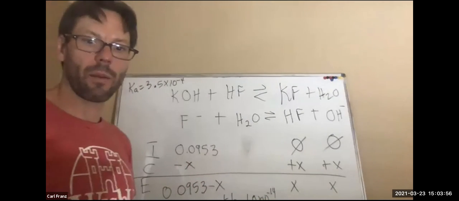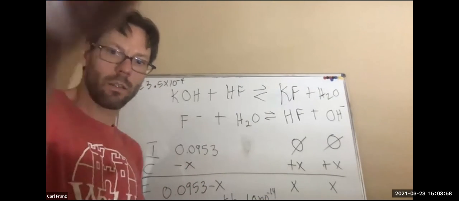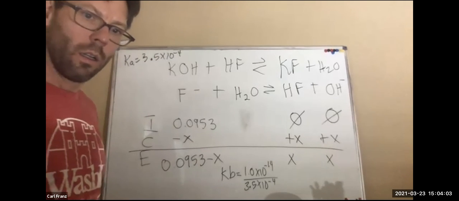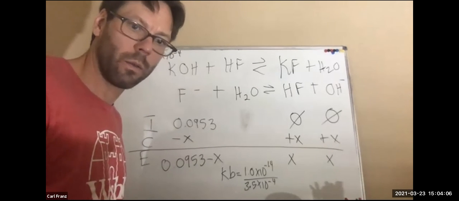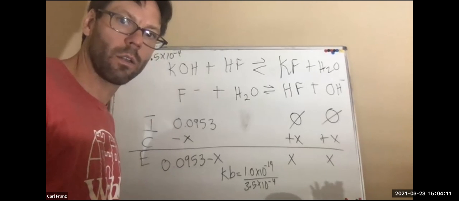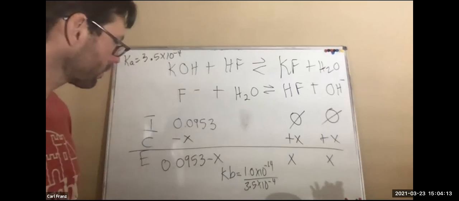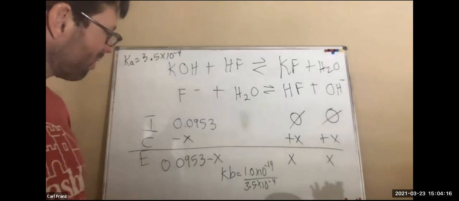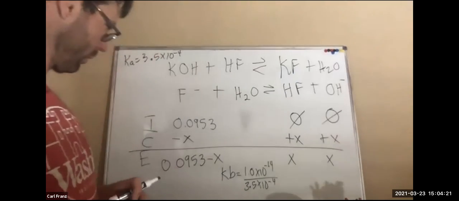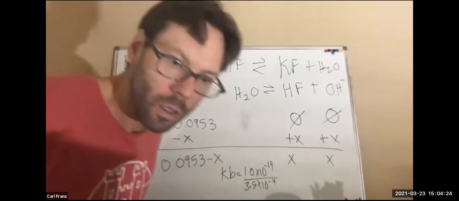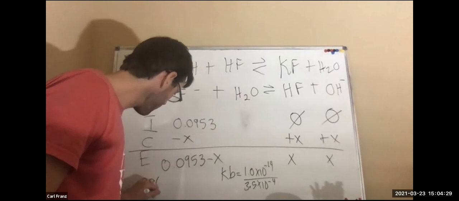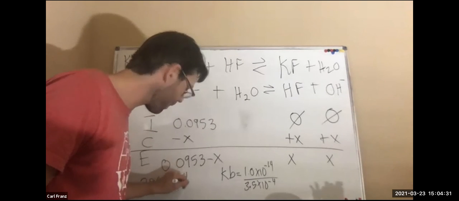And what happens when you get that? 2.86 times 10 to the negative 11.